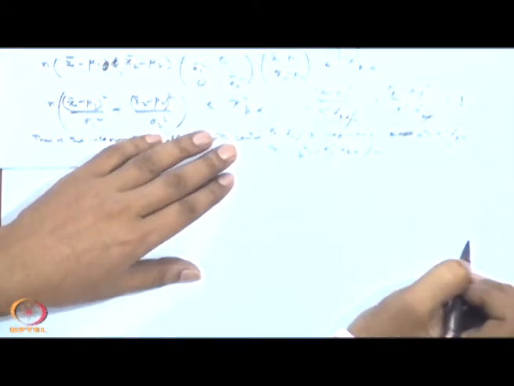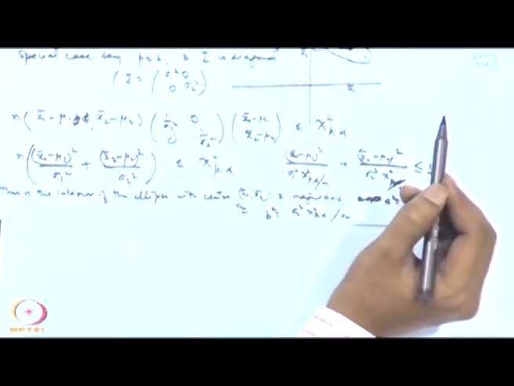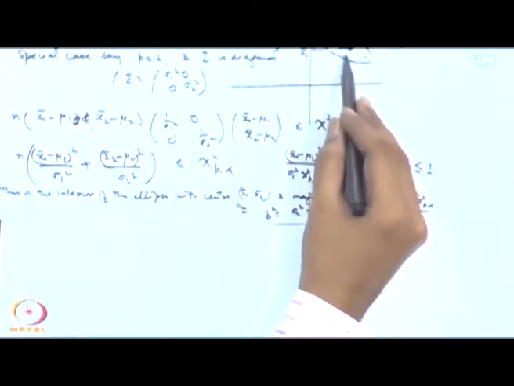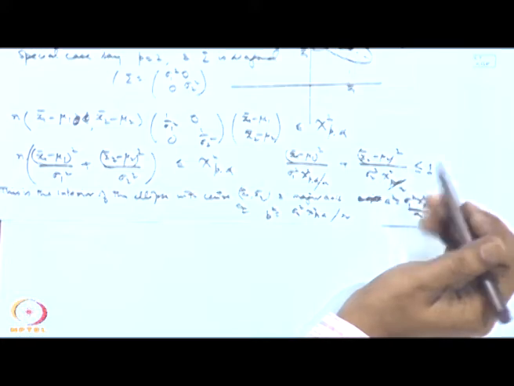So, you can easily plot the region and see how the ellipse will look like.